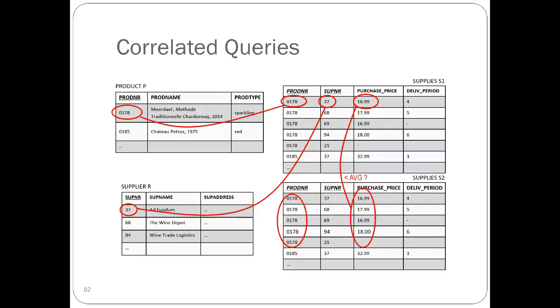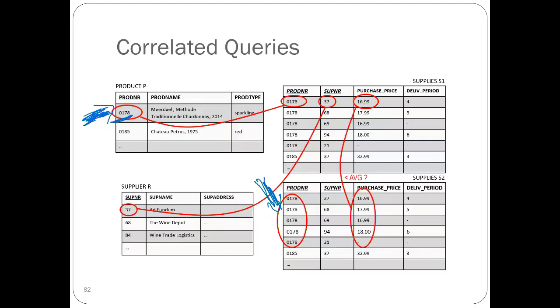So what is happening here? It is correlated because from outer query, right, you take the product number, and for that specific product number, you want to find out the average. The average values inside the inner query, right?